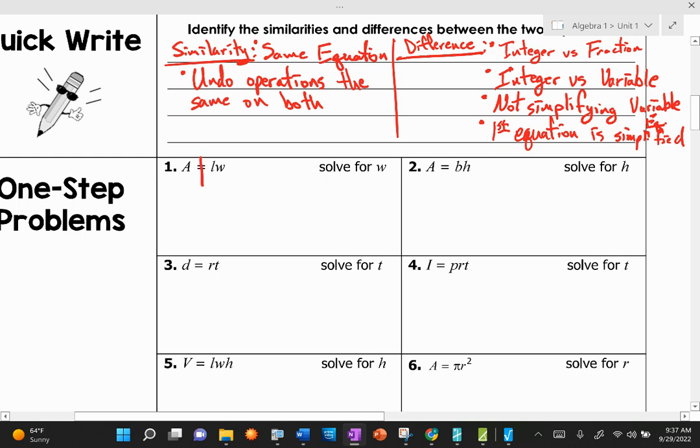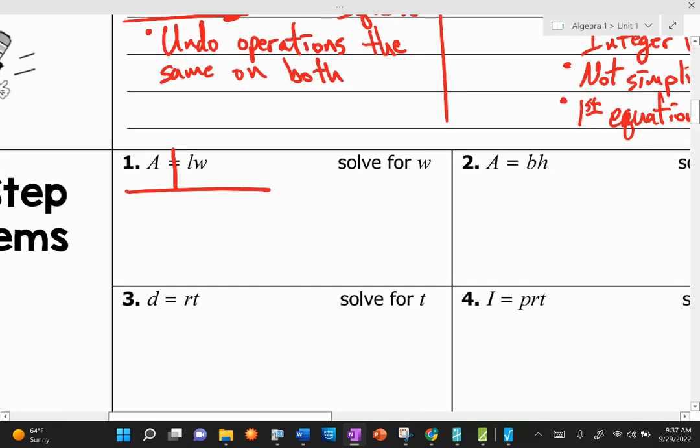So first we got to locate, where's our variable? Yeah, on the right. And it is doing what? By what? Yeah. So what do we need to move? Yeah, we're going to divide by L. Okay, I'll divide by L on both sides. It's supposed to be an L. There we go.